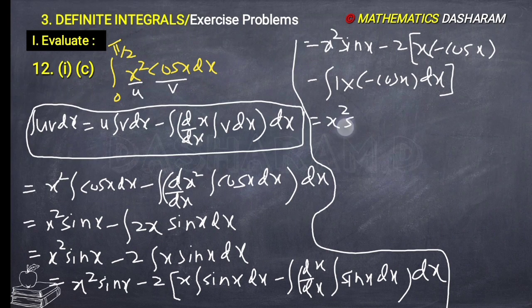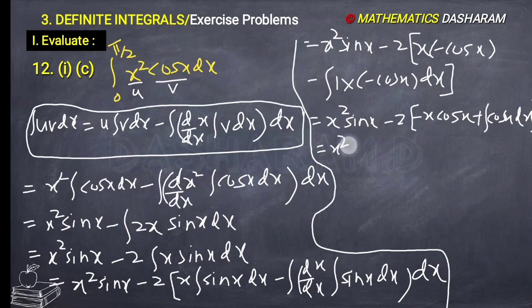So x square sin x minus 2 bracket of minus x cos x, next minus into minus gives plus, 1 into cos x, cos x dx.